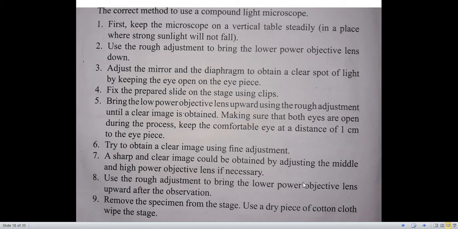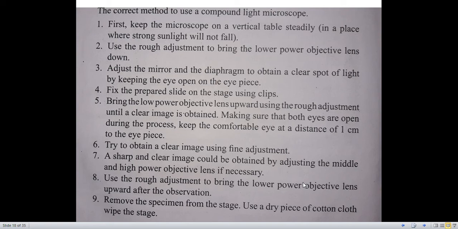Fix the prepared slide on the stage using clips. Bring the lower power objective lens upward using the rough adjustment until a clear image is obtained, making sure that both eyes are open during the process. Keep the comfortable eye at a distance of 1 cm to the eyepiece. Try to obtain a clear image using fine adjustment.